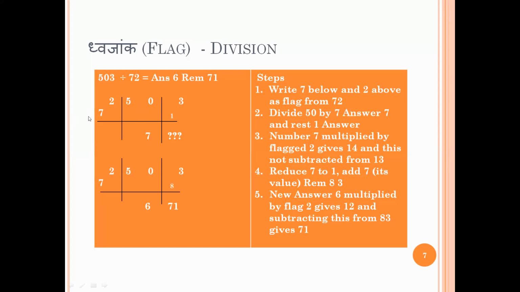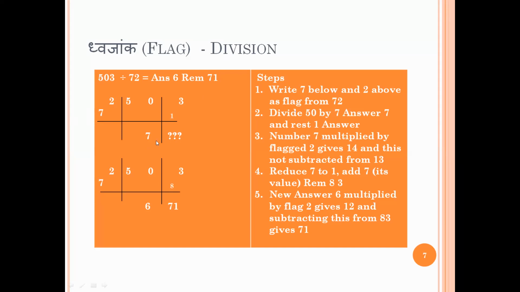Then I divide 50 by 7. 7 sevens are 49. Remainder is 1. I write it here. So out of that 13, I need to subtract 7 into 2, which is 14. I cannot subtract 14 from 13.